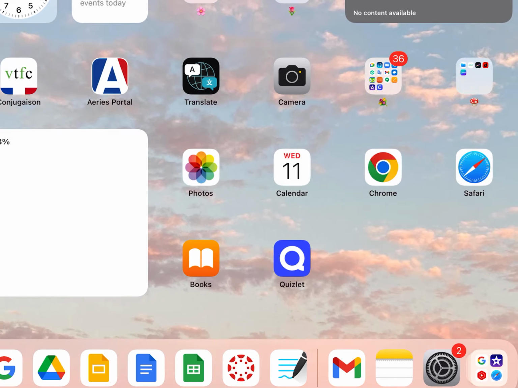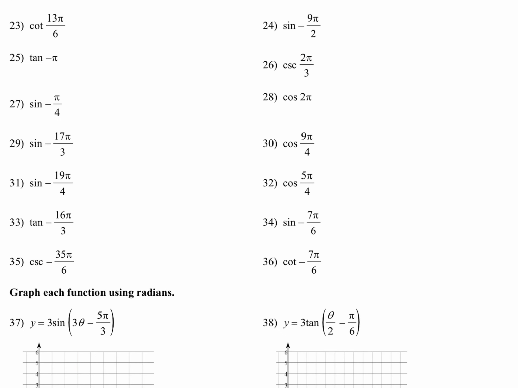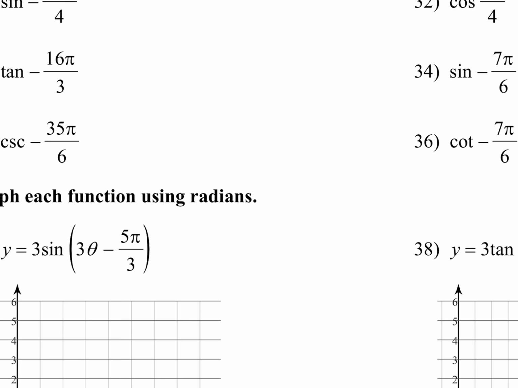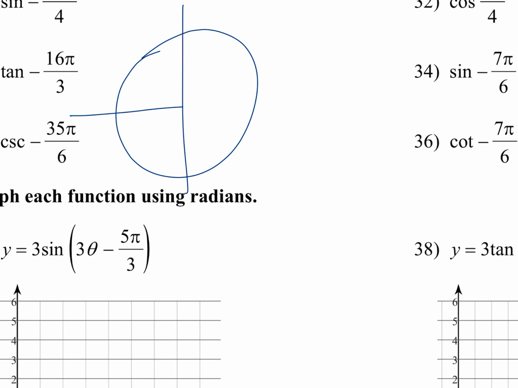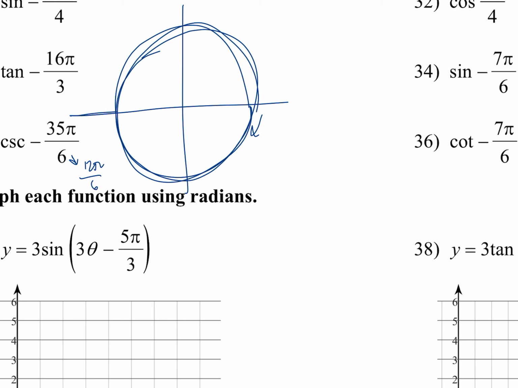So for this bottom one, you would draw a circle and then move in the negative direction. In this case, 2 pi would be 12 pi over 6. So it would be 12, one circle, and then 24, and then you break it into pieces of the bottom number, 6.